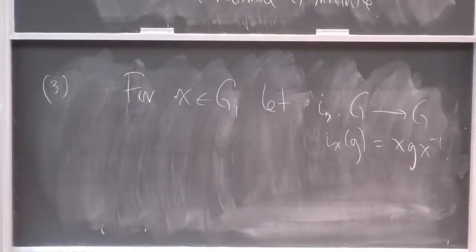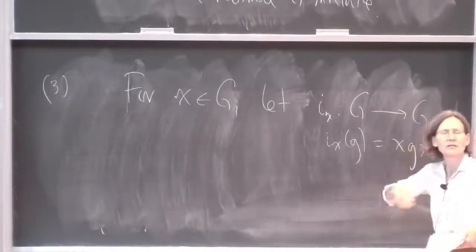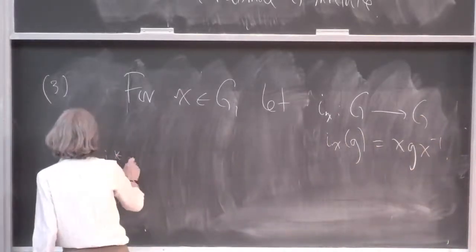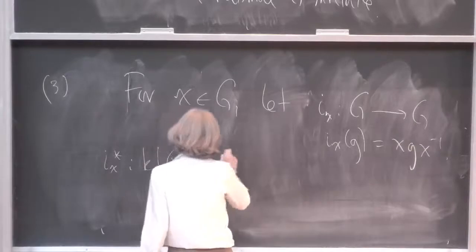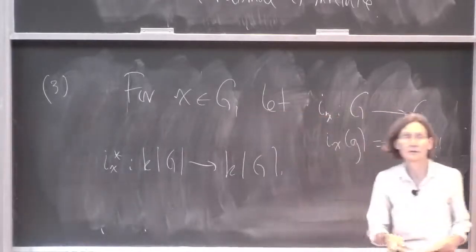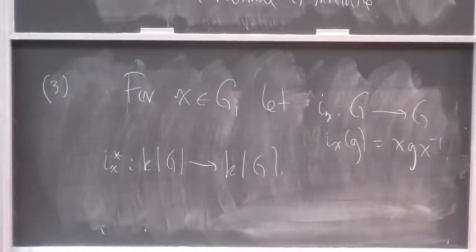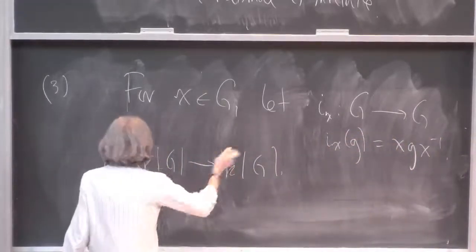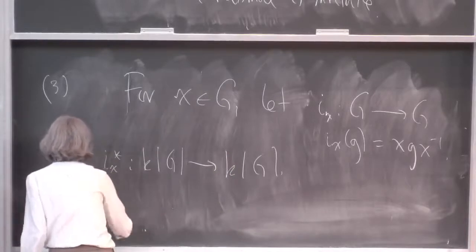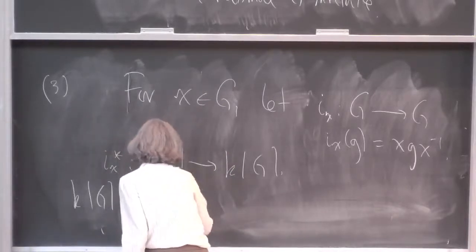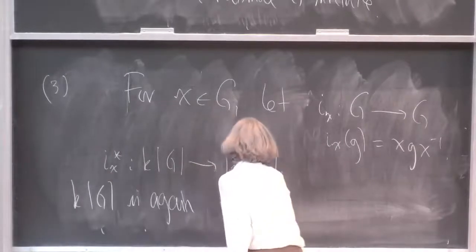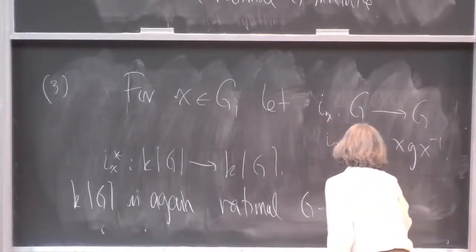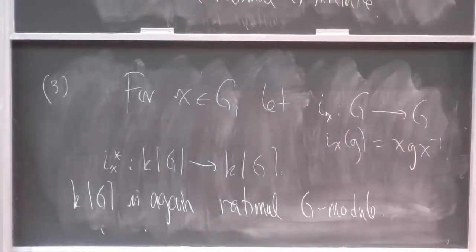Okay. And then, whenever you have a map from G to G, you get an associated map on the K algebra. So then I x star goes from the K algebra to the K algebra. Okay. So you precede by your I map. All right, so that turns K of G also into a rational module. So K of G is, again with a different action, but again, a rational G module.